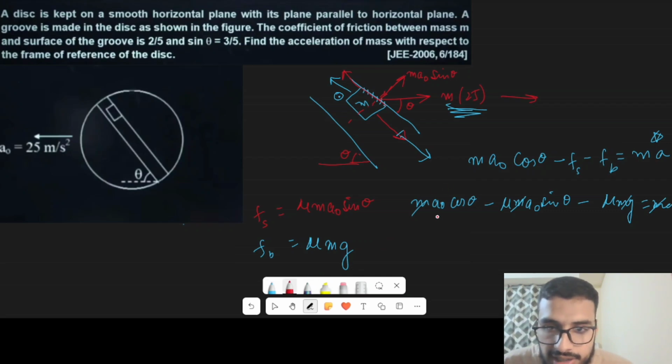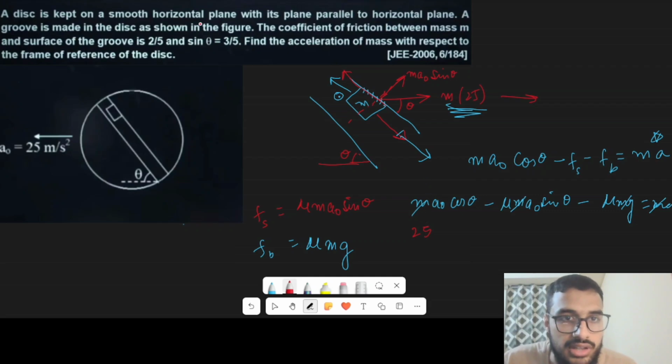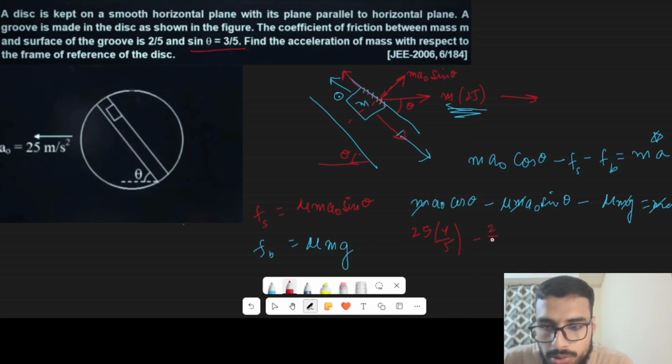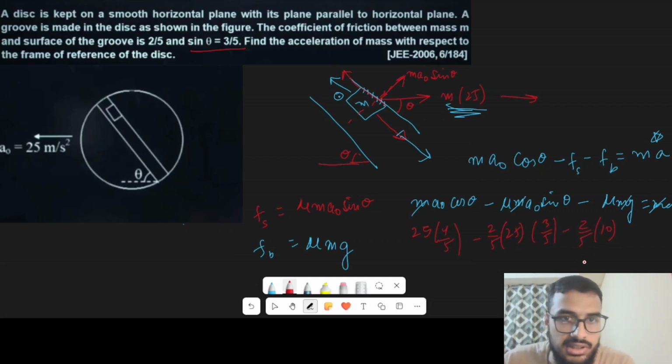Now a naught is 25, sine theta is given as 3 by 5, so cos theta is 4 by 5, and mu is given as 2 by 5. G is not given, so let's consider g to be 10 for now.